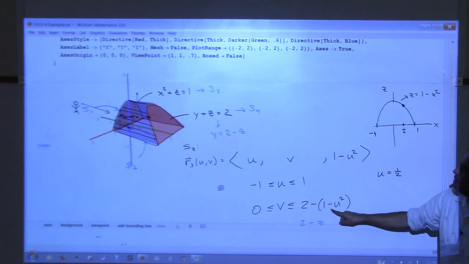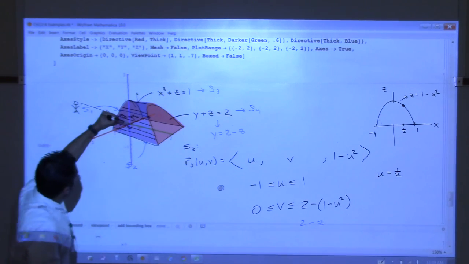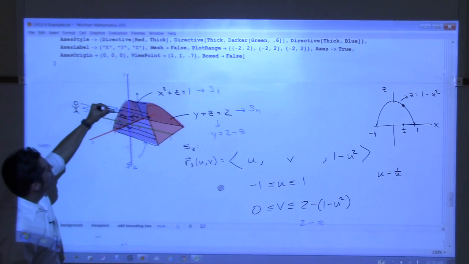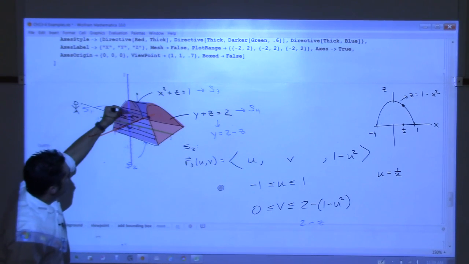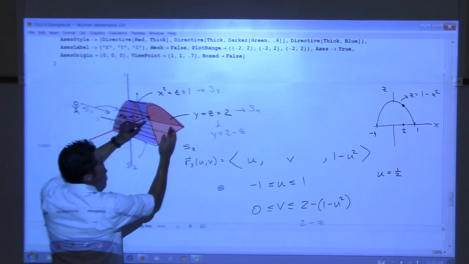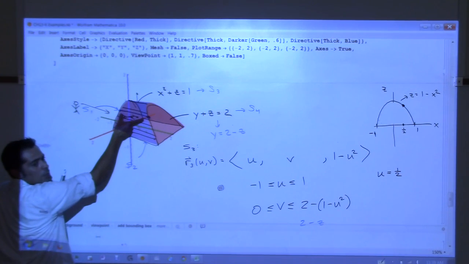So that means that x was a half, I went up 3/4, and now I'm going to go between 0 and not all the way to 2, right? 2 would take me out all the way to here. I'm going to stop short. I'm going to go only to 1 1/4. Understand that?